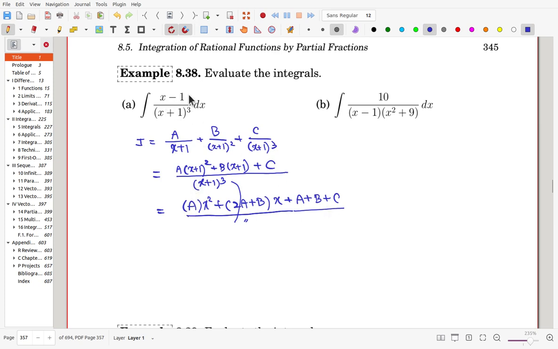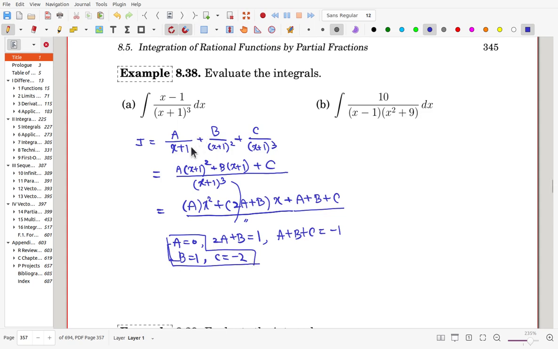This top must be the same as x minus 1, which means that a must be 0, and here 2a plus b must be 1, and a plus b plus c must be minus 1. A is 0, then b must be 1, and then c must be minus 2, right? So we decided a, b, c in this way, right?